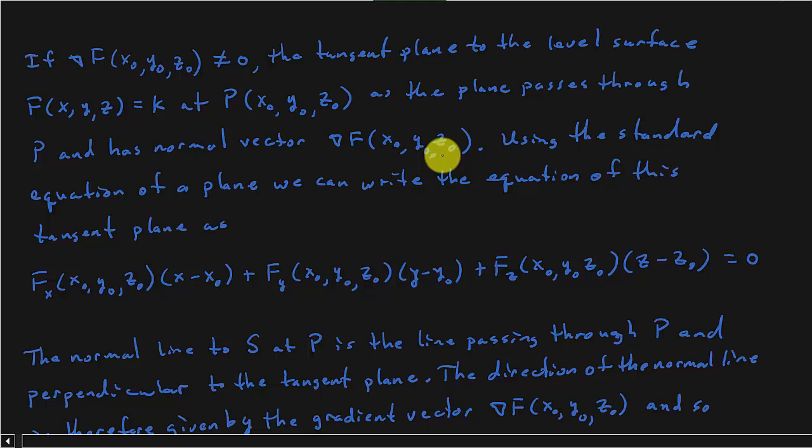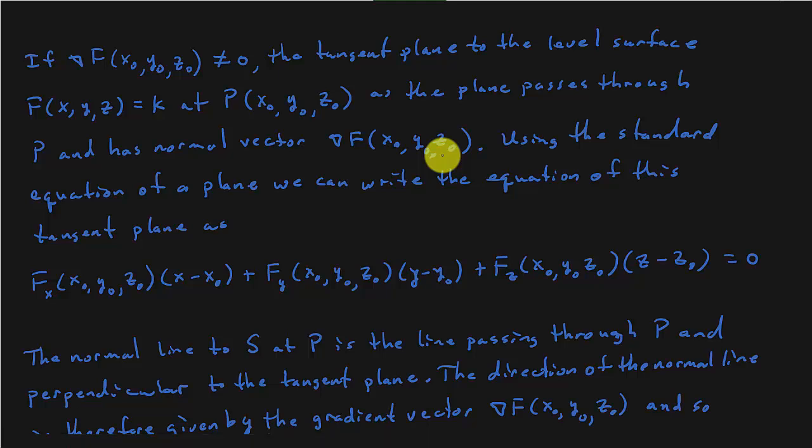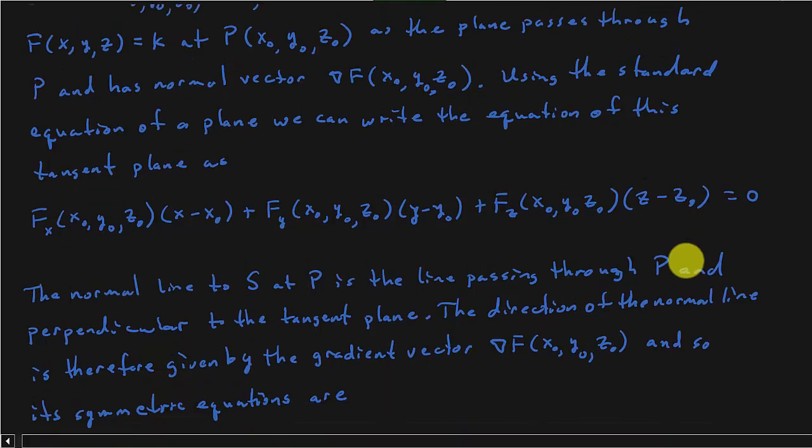Using the standard equation of a plane, we can write the equation of this tangent plane as the partial of f with respect to x at x naught, y naught, z naught times x minus x naught, plus the partial of f with respect to y at x naught, y naught, z naught times y minus y naught, plus the partial of f with respect to z at x naught, y naught, z naught times z minus z naught, equals 0.